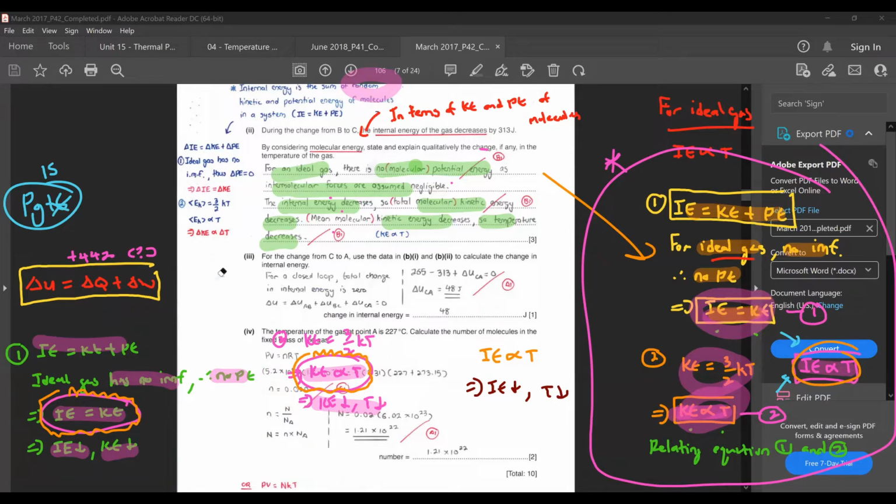Right, then if you just look at part 3, the change from C to A, use data from B1 and B2 to calculate the change in the internal energy. So from C to A, what is the change in the internal energy?